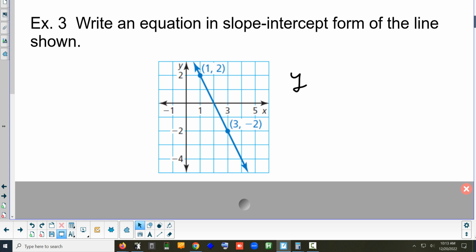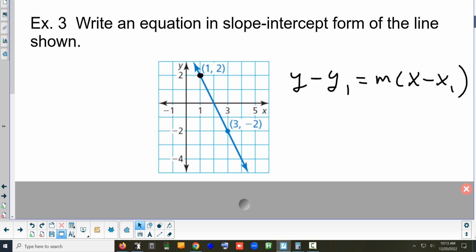So let's write down our formula. And does anybody see something I can get from that picture that represents one of the letters in this problem just by counting? Yeah, slope. I don't have the slope, but they gave me a picture. So I can find the slope by just counting.